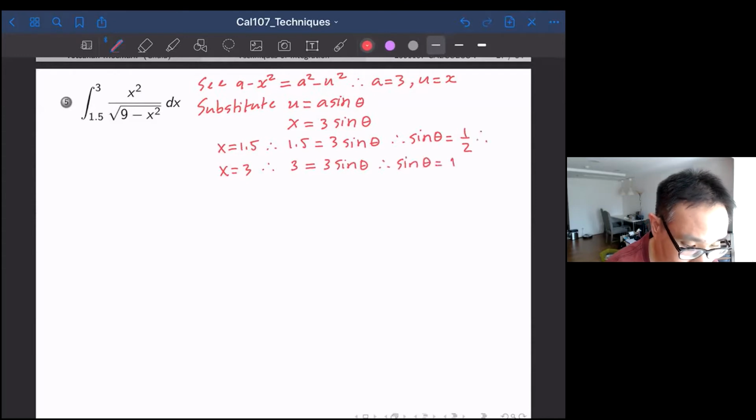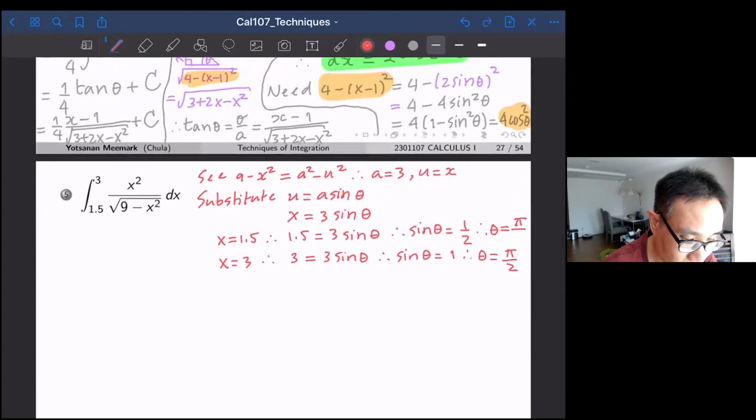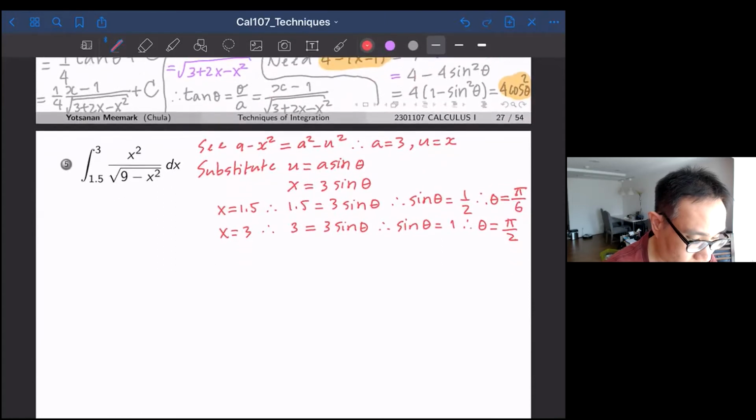So you get theta equal to, sine theta equal to 1, so it's 90 degrees or pi over 2, and sine theta equal to 1/2, so it's 30 degrees or pi over 6. Okay, so these will be the two angles that we shall use.